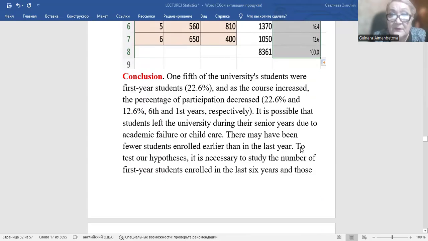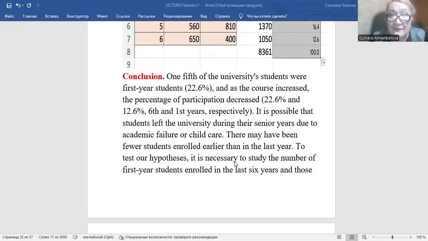Conclusion: 1/5 of the university students were first-year students, 22.6%, and as the course increased, the percentage of participants decreased, 22.6, 12.6 and so on in the fourth year respectively. It is possible that students left university during their senior years due to academic failure or childcare.